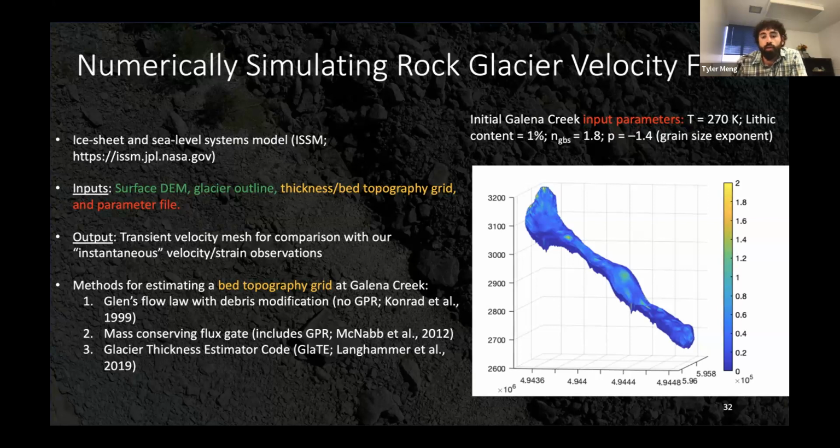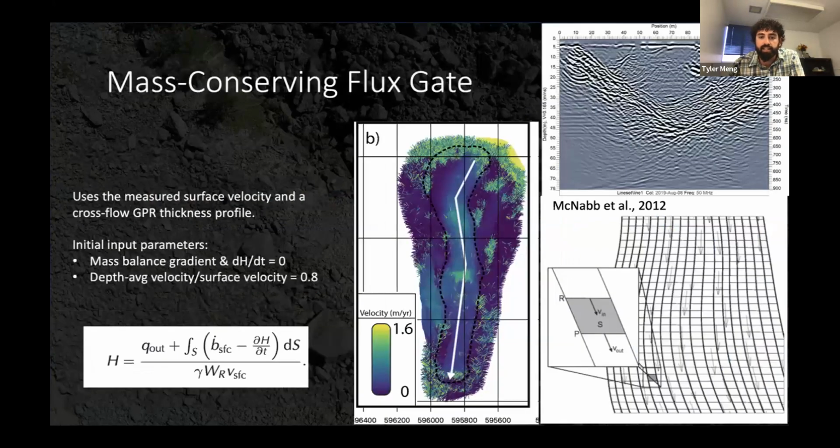If you have any questions about the details of those thickness grids, feel free to ask, or I'm happy to chat about any of these methods. I've used a few methods that incorporate GPR, but also don't incorporate GPR. And I'm just happy to chat more about some of the ideas that we're working with.